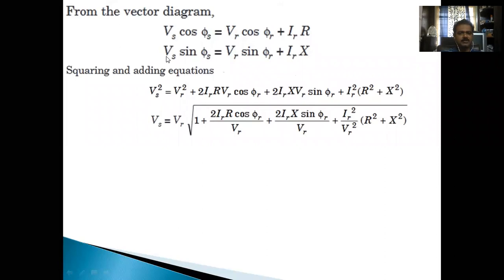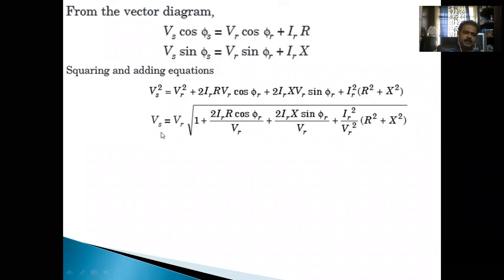Once we add these two, sin square phi s plus cos square phi s is equal to 1, so you will get Vs square. Similarly, Vr square cos square phi r plus Vr square sin square phi r gives Vr square, and the rest of the terms we write and take common. So after simplification, you will get this equation.